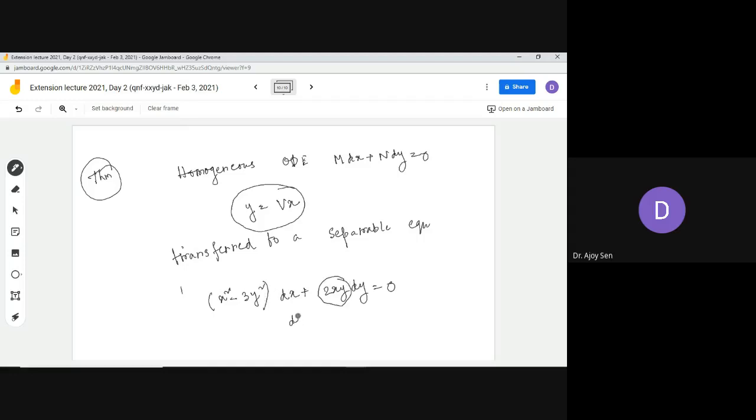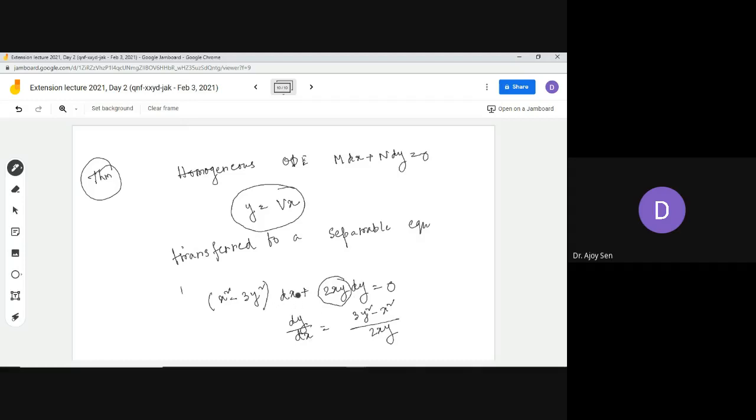So you just write dy/dx, which is 3y square minus x square divided by 2xy, and if you do the substitution y equals vx and substitute here, check whether this equation is transformed to a separable equation.